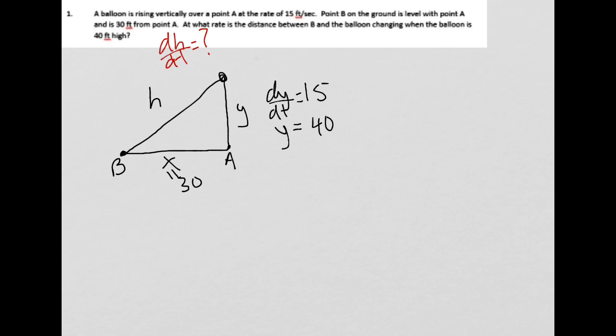First thing I'm going to do is set up Pythag. I see that as the best relationship between the x, the y, and the h. So I know that x squared plus y squared equals h squared. If I take the derivative with respect to t, I'm going to use x prime here, and what I mean by x prime is dx/dt. I think in this particular example, it's easier to use primes instead of dt's.